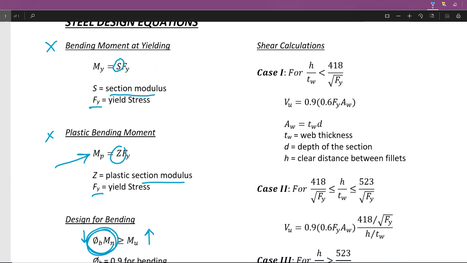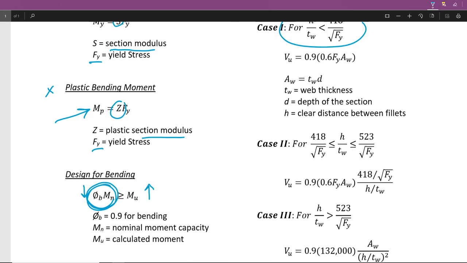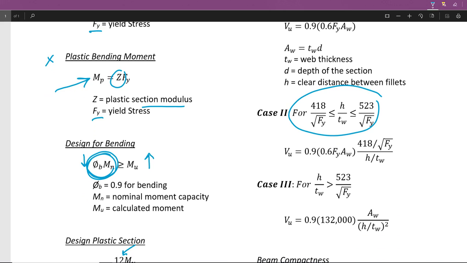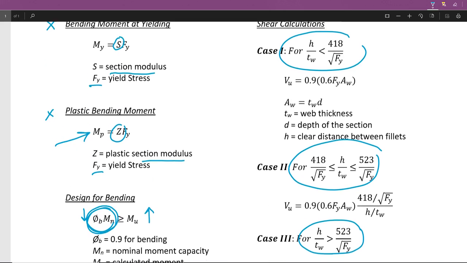The shear equations are fairly easy to manipulate once you get which case it is, but you'll notice that for each one of these cases, there's a different set of parameters that holds true.